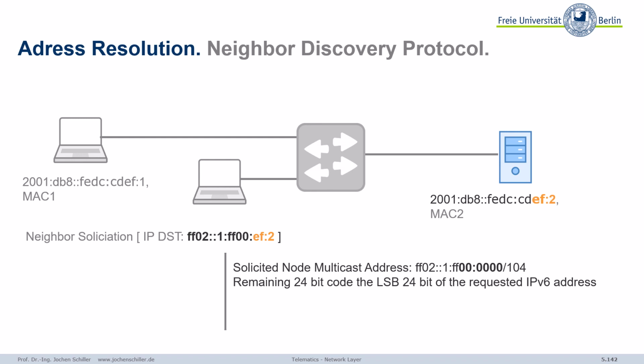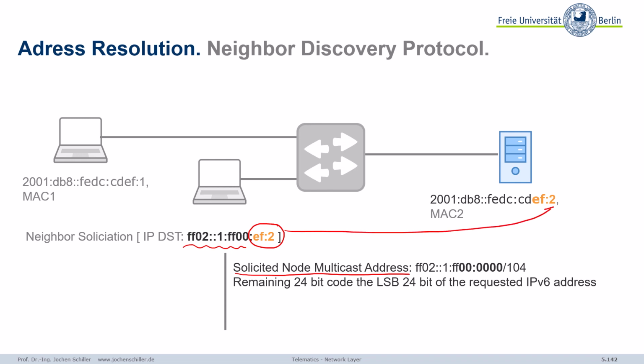Now the neighbor solicitation uses a special solicited node multicast address, FF02, and so on. So instead of developing a separate protocol, we now use a special address out of those many addresses. And the remaining bits then code the LSB, the least significant bits of the requested IP version 6 address.